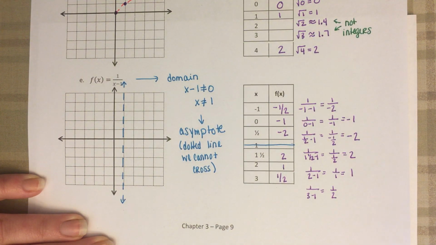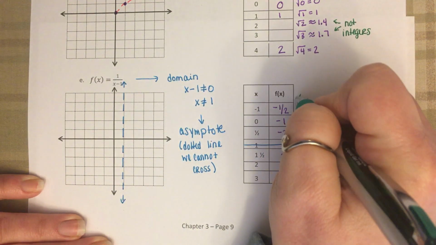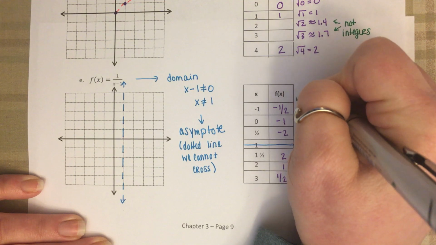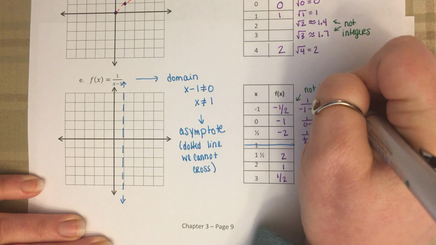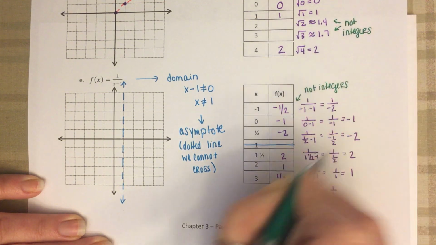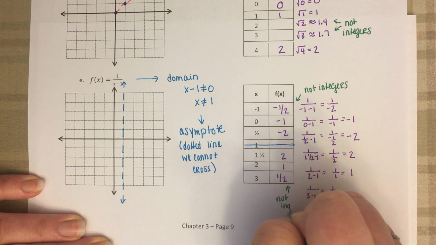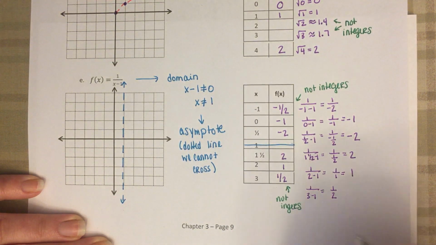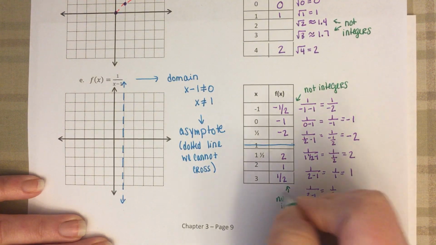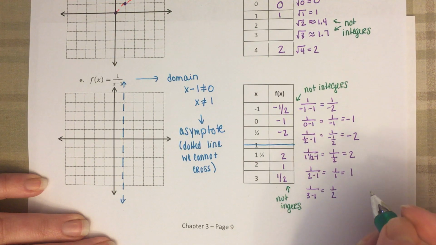So notice that as we're working through these, again, we have a couple of values that are not integers. So technically we should not be graphing these. However, in this case, I am going to include those values because they're going to give us an idea of the shape of our graph.